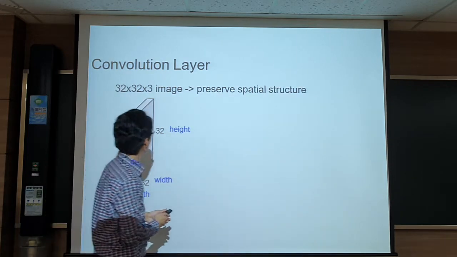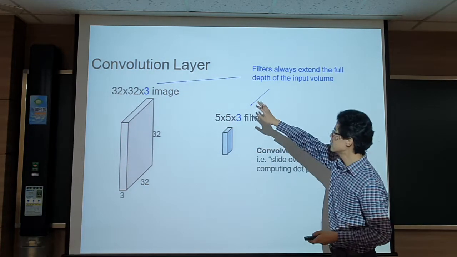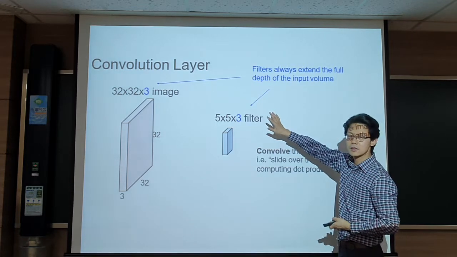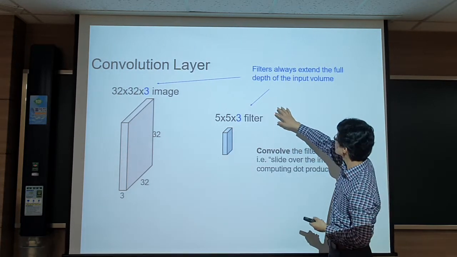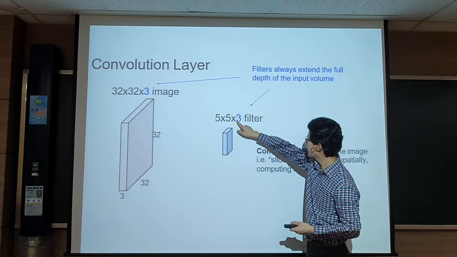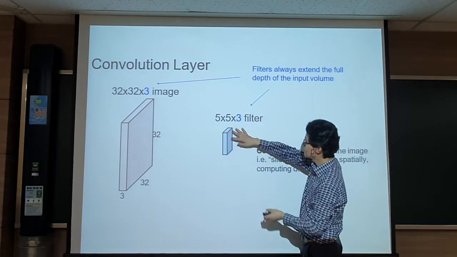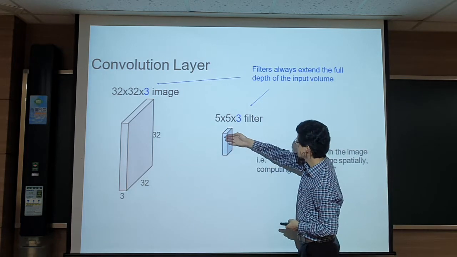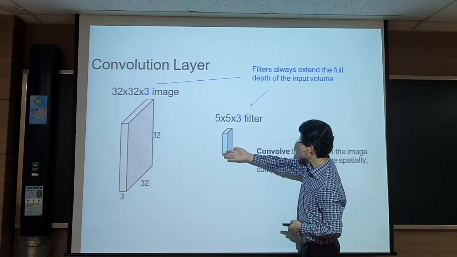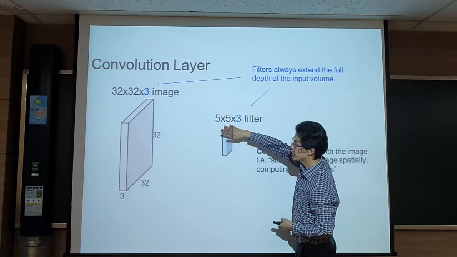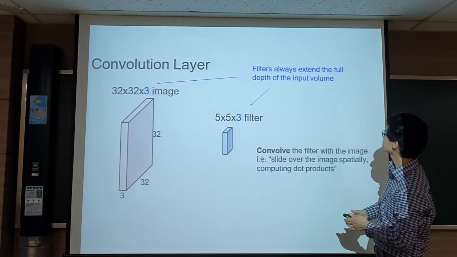Then we apply a filter, a 5 by 5 by 3 filter, with different weights. The width and height of the filter are 5 pixels, and it also has 3 channels.